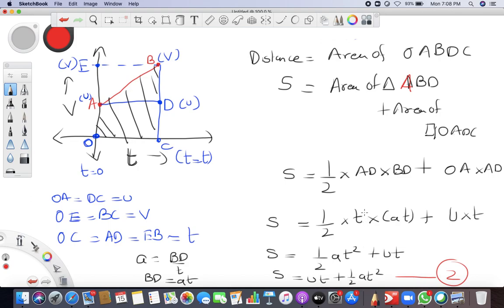So AD is T. Now BD we don't have. So BD is what? In the first equation only we learned BD upon T, right? You can go a little back in your video and check. BD is AT plus UT. Okay, now let's see the third equation of motion.